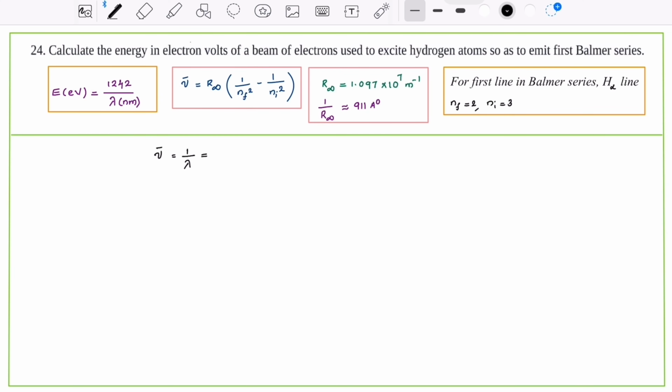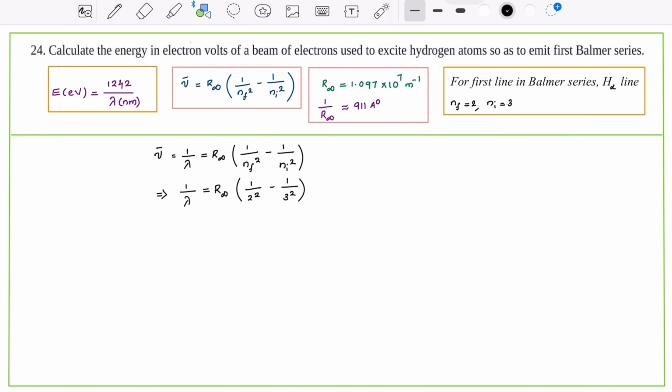We have the equation for wave number nu bar, which is equal to 1 by lambda, which is equal to R infinity into 1 by Nf square minus 1 by Ni square, and for H alpha line Nf is equal to 2, Ni is equal to 3. Therefore 1 by lambda is equal to R infinity into 1 by 2 square minus 1 by 3 square.